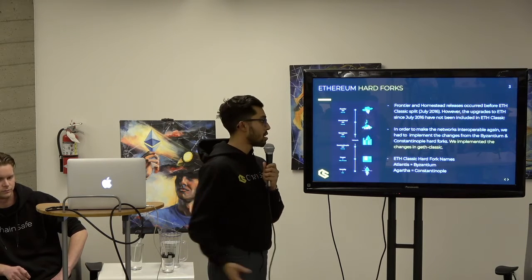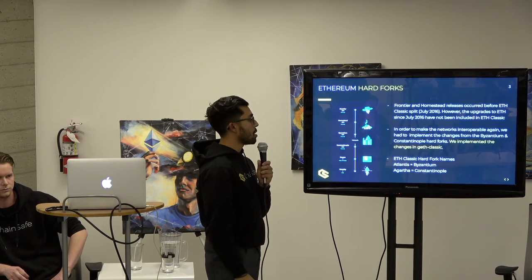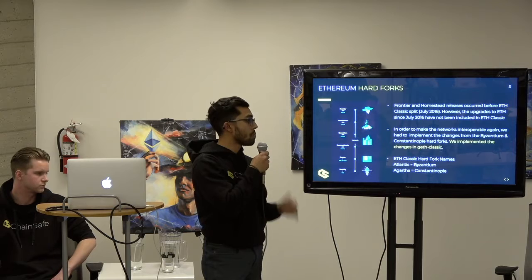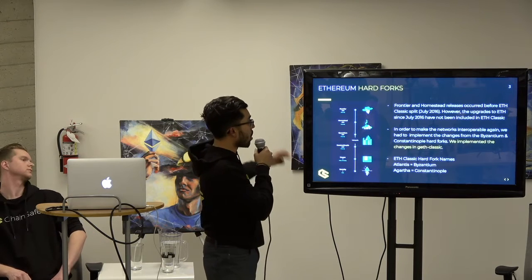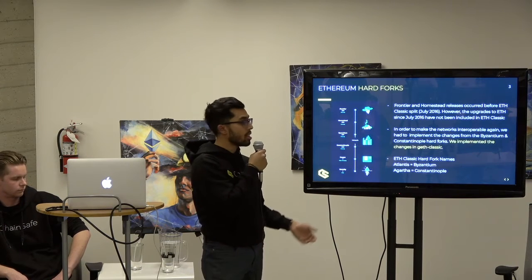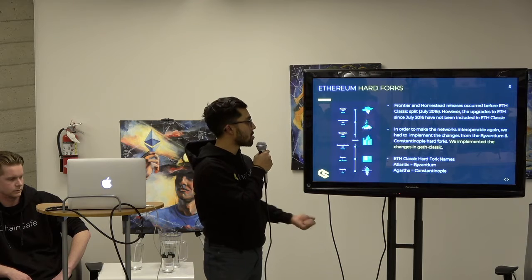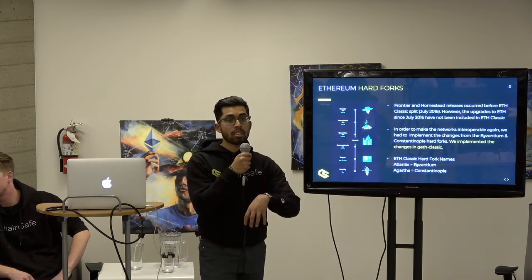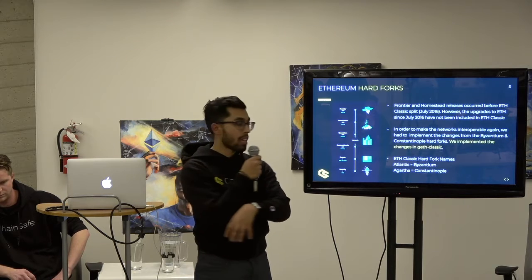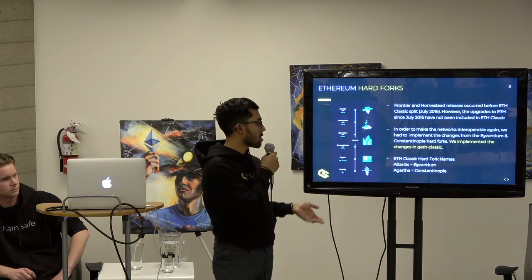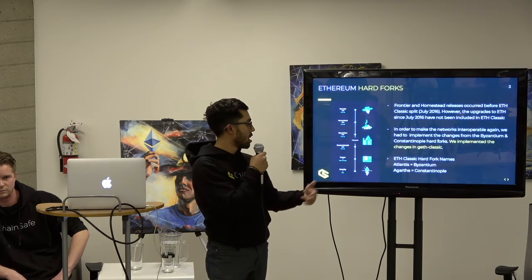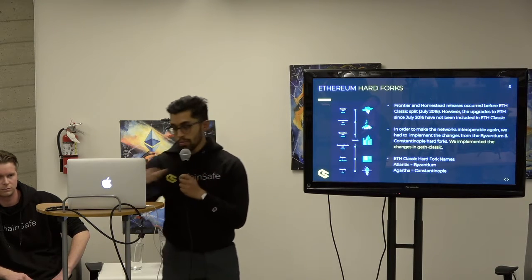That was one of their priorities. So in order to make these networks interoperable again, we had to implement changes from some of the hard forks in Ethereum, specifically Byzantium and Constantinople. We took these changes and implemented them in the codebase of Ethereum Classic. For Ethereum Classic, these hard forks are called Atlantis, which is Byzantium, and Agartha, which is Constantinople.